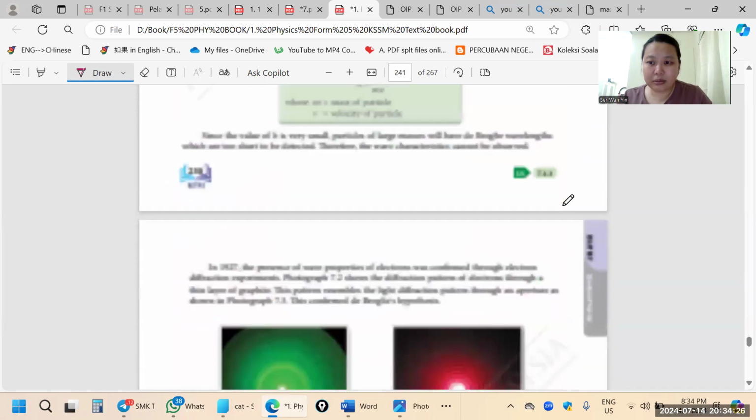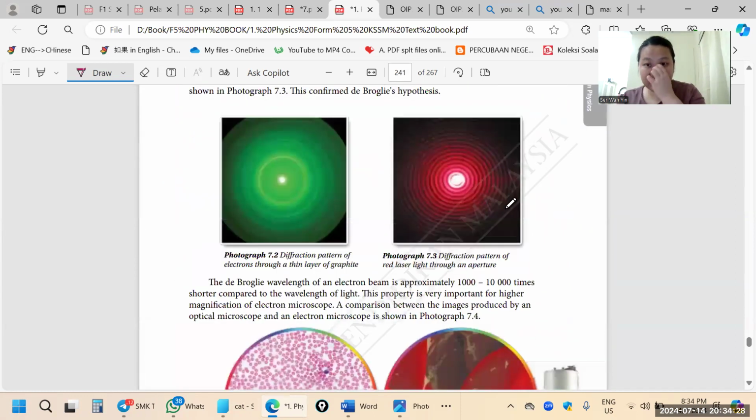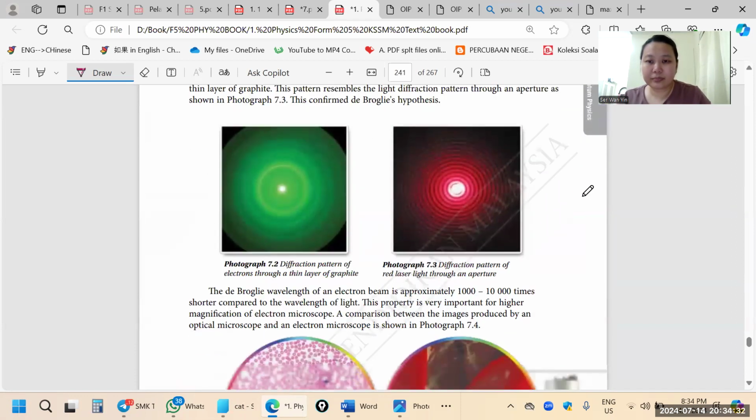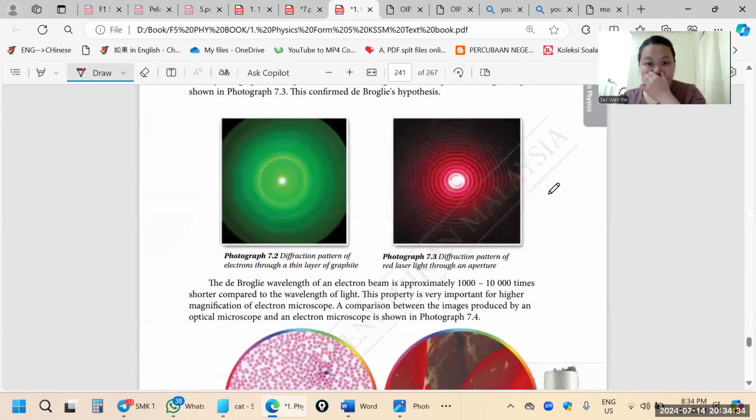They came out with an experiment. Ta-da! Page 231. He said only waves can diffract. So he used red laser light to make a diffraction. Do you remember I said diffraction?